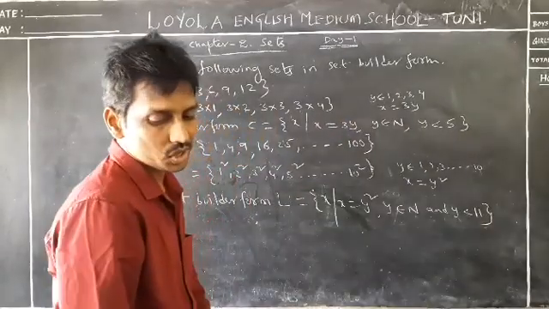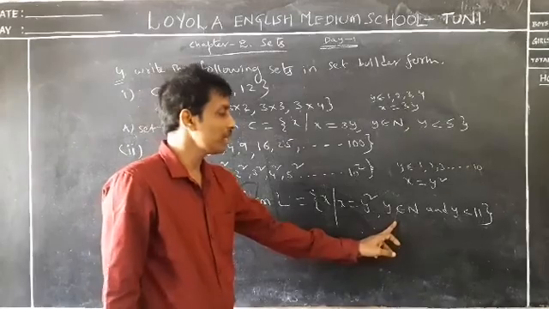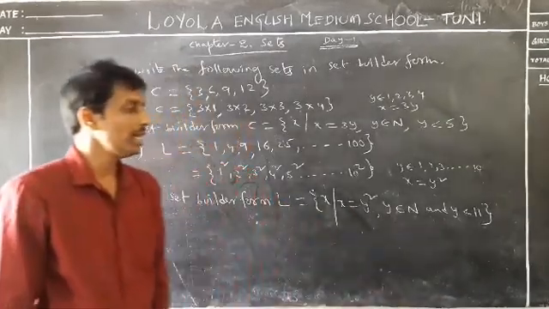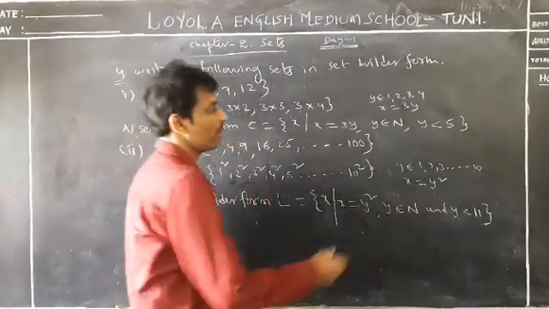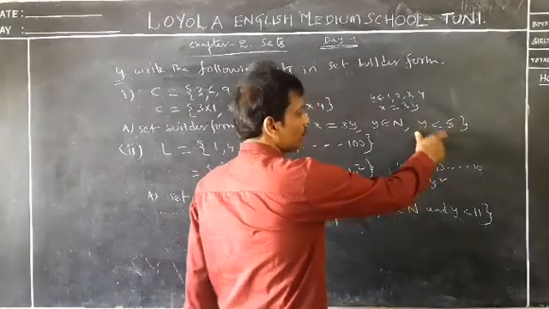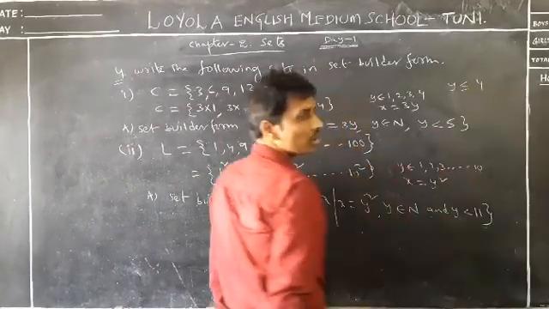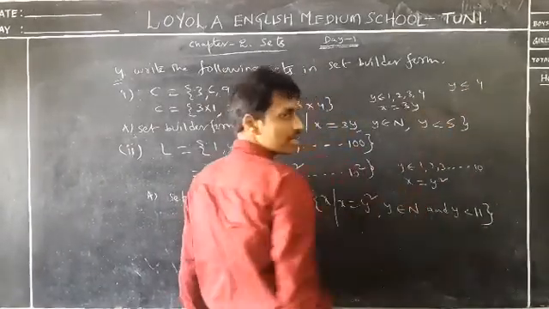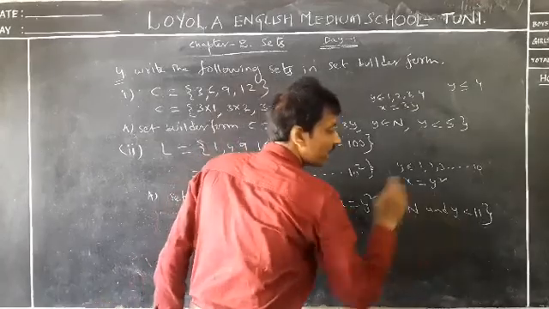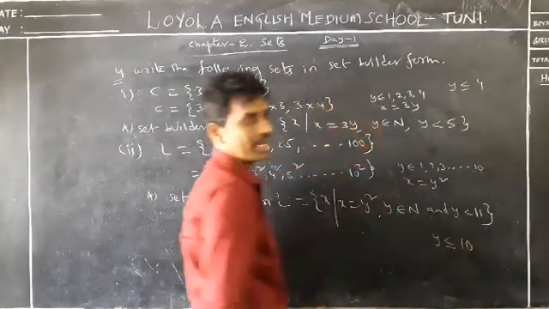Can we write like this? x such that x is equal to y square, y is belonging to N and y less than 11. Here some of them may get a doubt. Is it necessary to write like this? No, instead of y less than 5 you may write y less than or equal to 4. Both give the same answer. Here also, instead of writing y less than 11, we may write y less than or equal to 10.